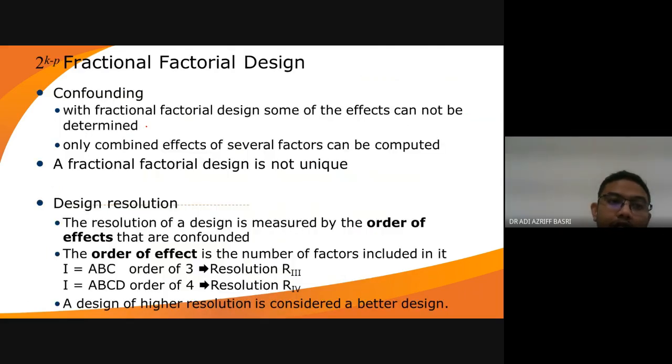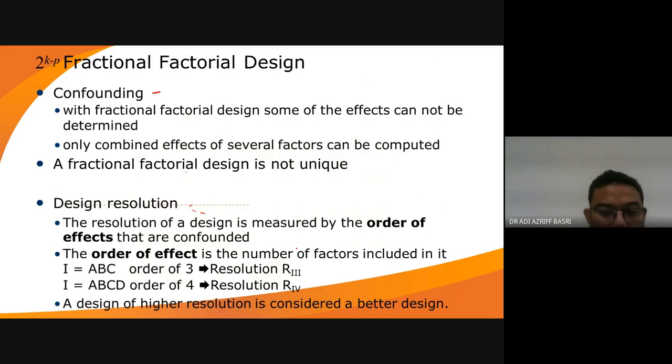In 2^(k-p) fractional factorial design, we call it confounding. With the fractional design, some of the effects cannot be determined, and only the combined effect of several factors can be computed. A fraction is not unique. The resolution of a design is measured by the order of effects that are confounded.